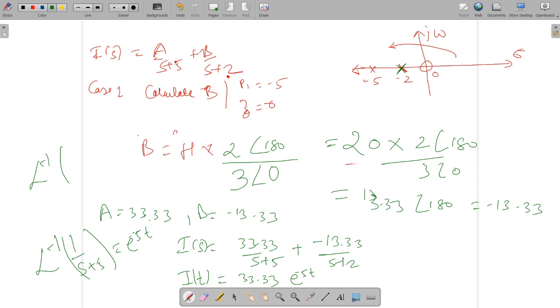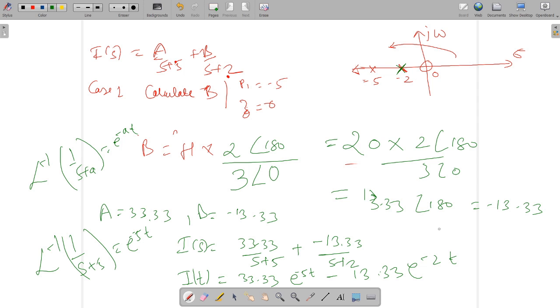You have already seen this in your mathematics. Now similarly, minus 13.33 again, that is the S plus 2 term, so e to the power of minus 2t. So in this way, you can easily evaluate the current in the time domain from the pole zero diagram.